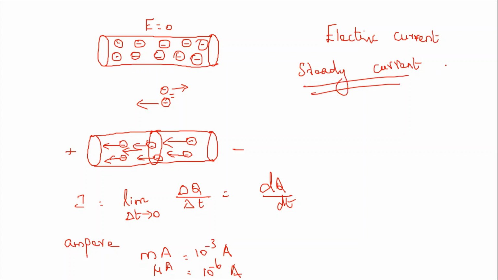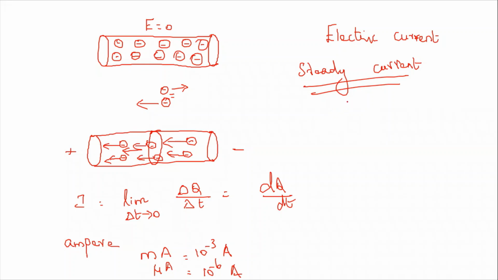You all know lightning, right? What is lightning? Lightning is the flow of electric charge between two clouds, or between a cloud and the earth. What is the amount of charge that is transferred when lightning occurs? A very high amount of charge is transferred.